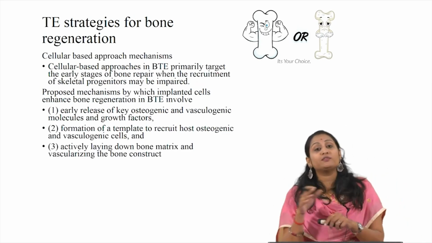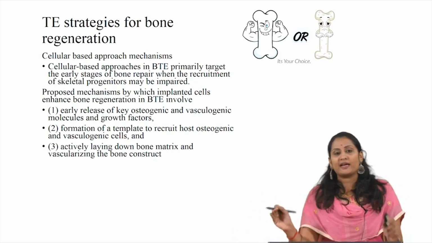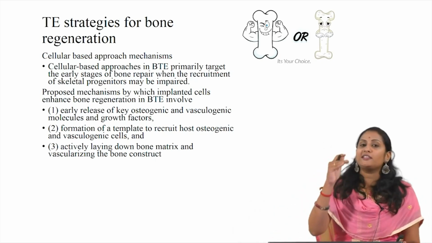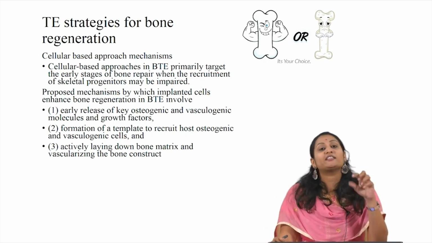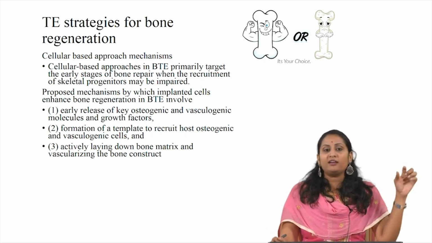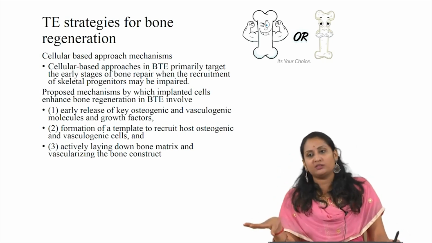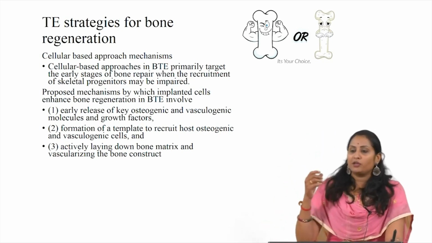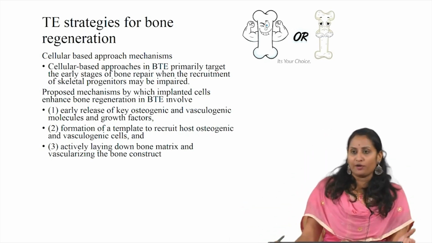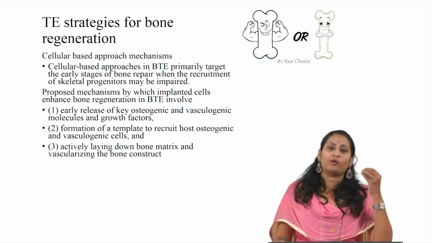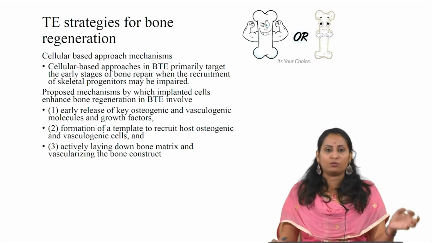The cellular based approach in bone tissue engineering primarily targets the early stages of bone repair, when the skeletal progenitors become impaired. This can be due to trauma or disease conditions, or it can be due to aging as well.